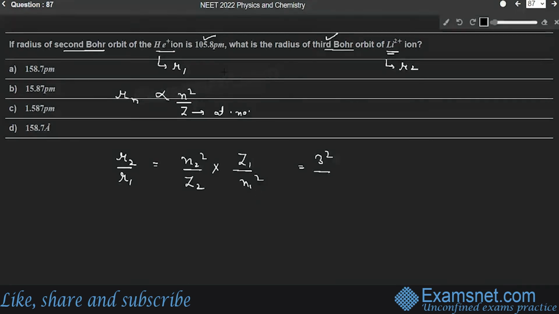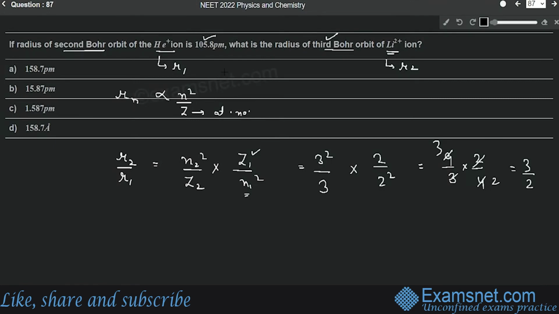The atomic number of lithium is again 3, and atomic number of helium Z1 is 2, whereas number of orbit is also given 2, so 2 square here. Got it? So it will be equal to 9 by 3 into 2 by 4. So again here it will be 2, here it will be 3. So here we'll get 3 by 2.